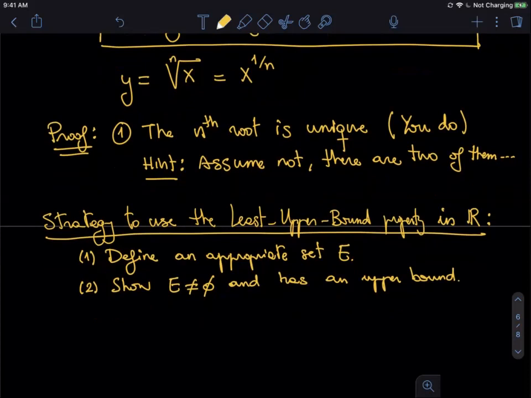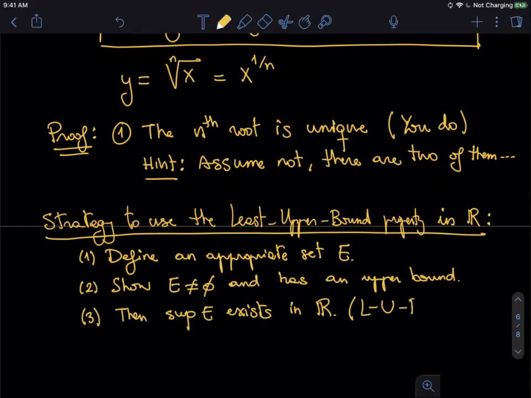Once we know it's bounded, then we can use the supremum of E. Then the supremum of E exists in R. Remember this is a property that we didn't have in the rational numbers, for example. So here it's important, the least upper bound property. This is because of the least upper bound property.